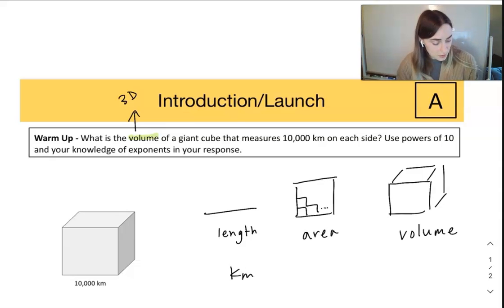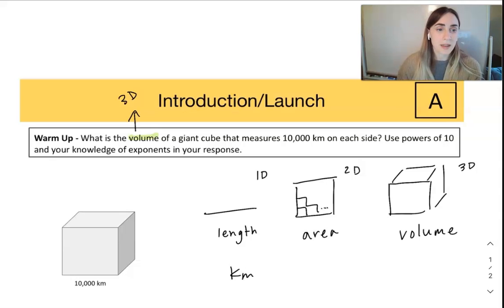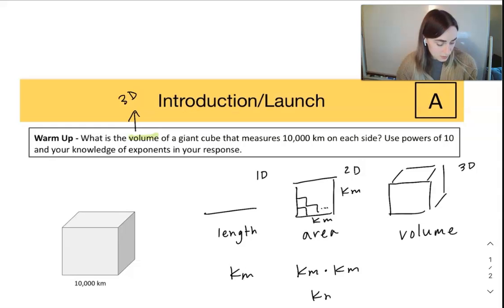In area, we couldn't just say we're measuring it in kilometers. We would have to say we have a certain number of kilometers on this side and a certain number of kilometers for the width. So area we would measure in kilometers times kilometers, otherwise known as square kilometers.